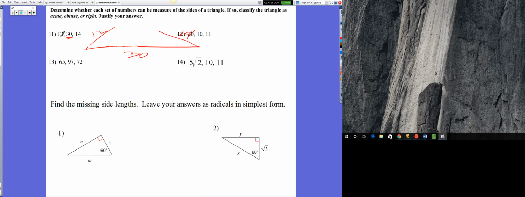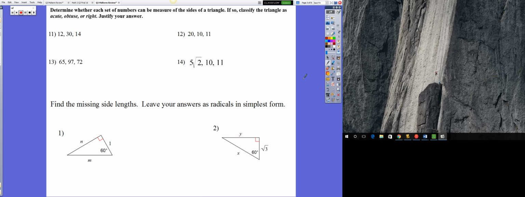So you take the two small ones, add them together, and if they are bigger than the base, they will touch and they'll make a triangle. If they're smaller, then they will not make a triangle. So 11 will not touch, they will not make a triangle.